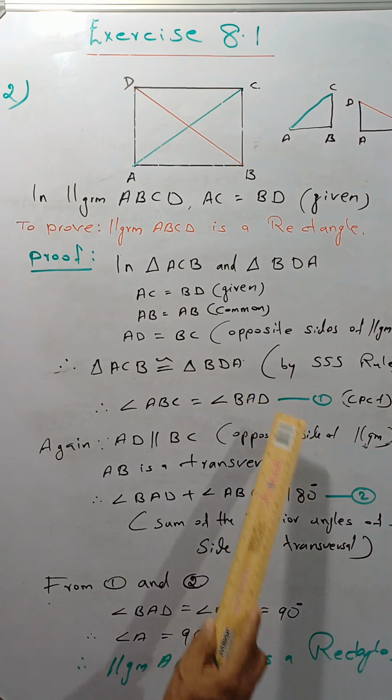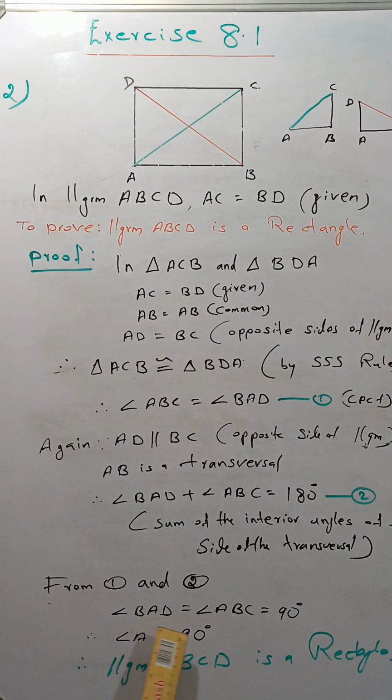We get angle BAD is equal to angle ABC is equal to 90 degree, and angle A is equal to 90 degree. We have proved these two angles are 90 degree. Therefore, this parallelogram is a rectangle.